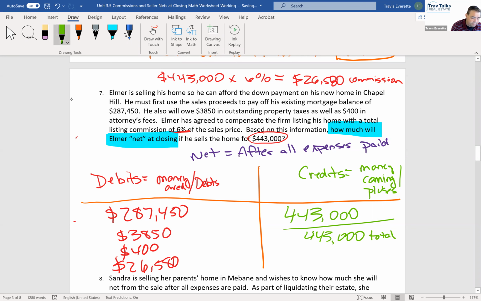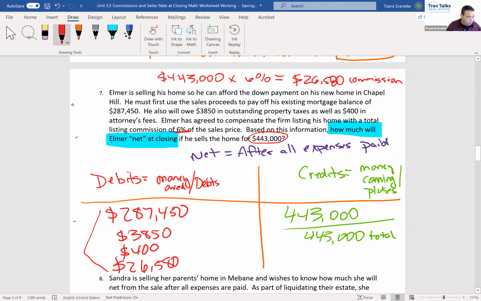Let's look at the debits. We got to do a little math on those. So $287,450 plus $3,850 plus $400. So again, we're just adding these up right here.